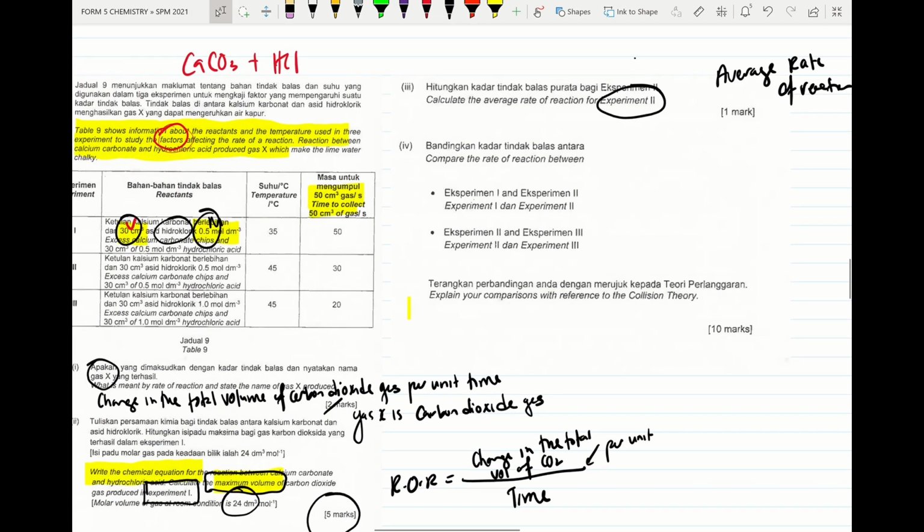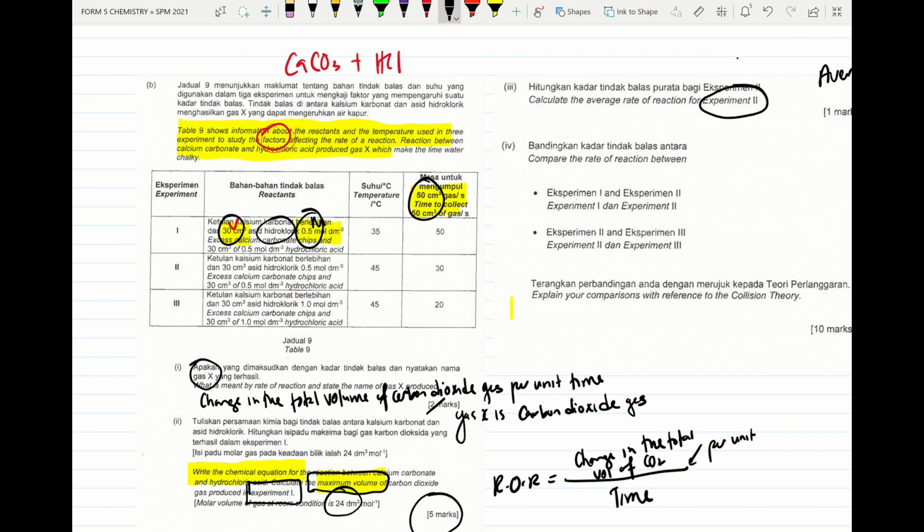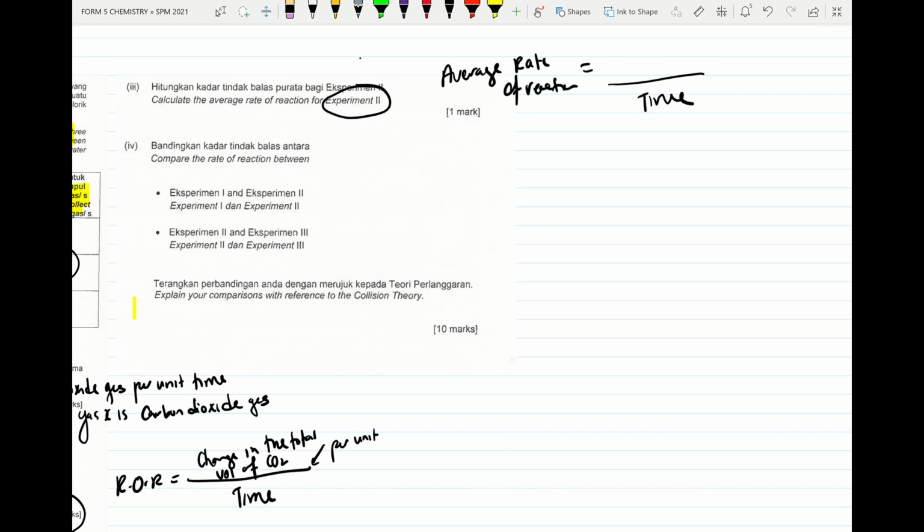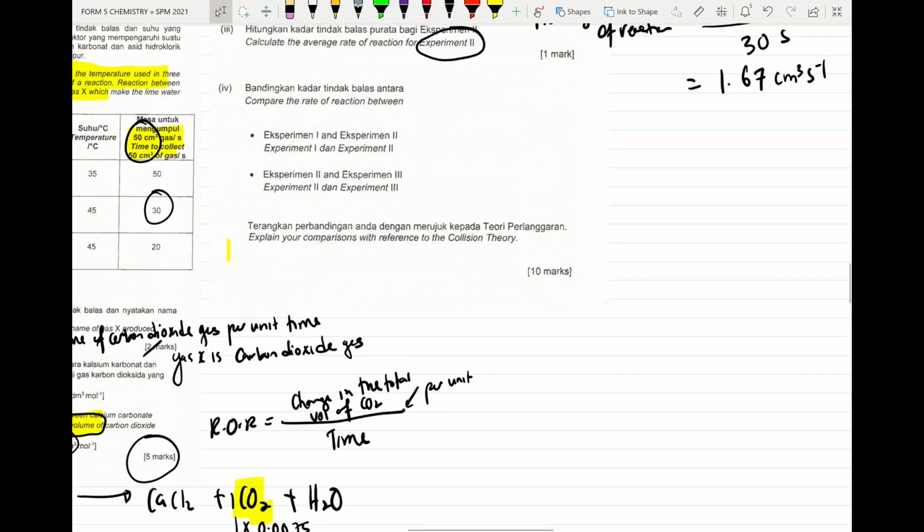The volume of carbon dioxide gas collected is 50 cm³, and in experiment 2 the time taken is 30 seconds. So we find the answer: 1.667, or to 2 decimal places, 1.67 cm³ per second. All right, we move on to the next question.